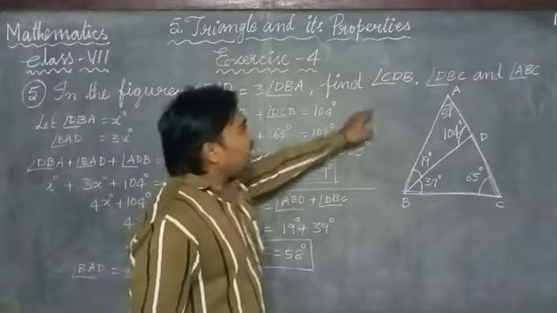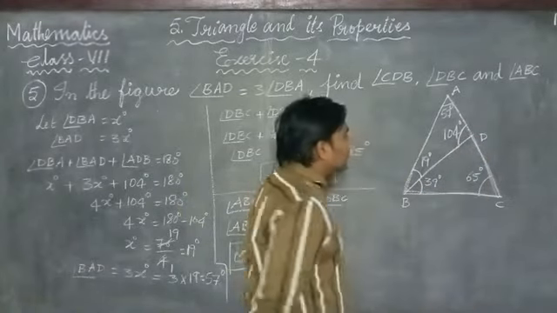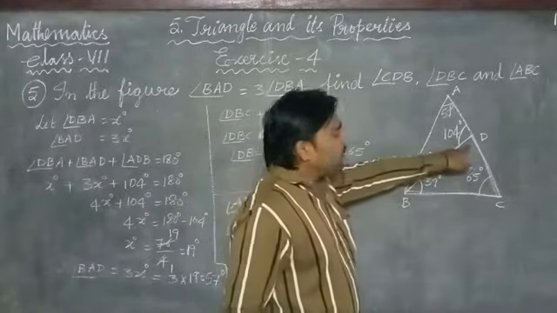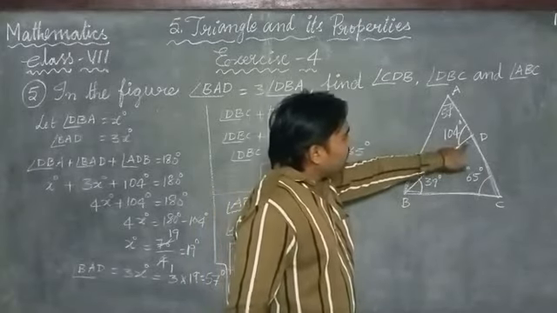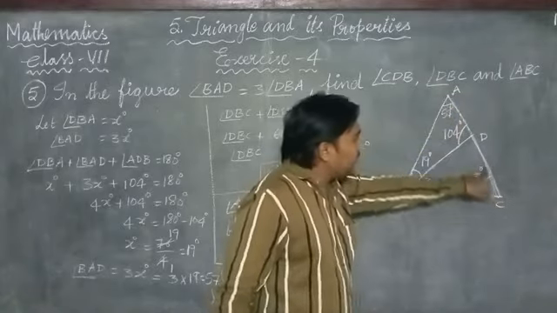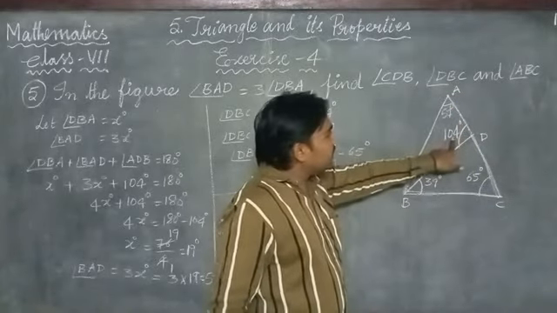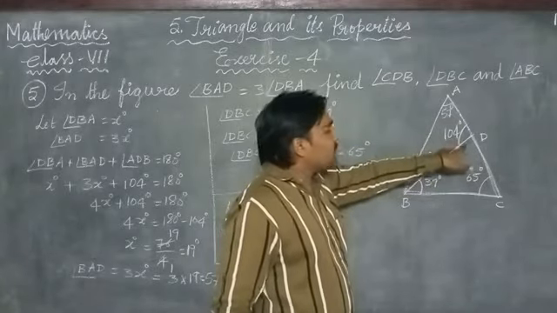And finally angle CDB, this is the angle we have to find. If you see, this is a linear angle. If you observe, this is a straight line. Here 104 degrees, then the linear angle is 180 minus 104 degrees.